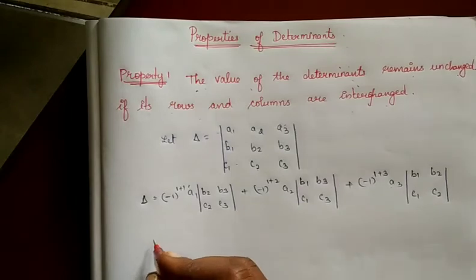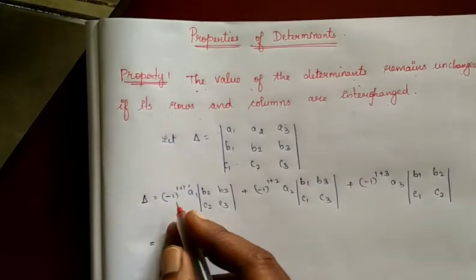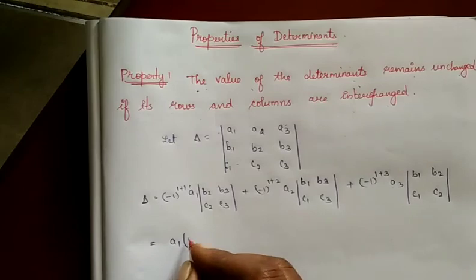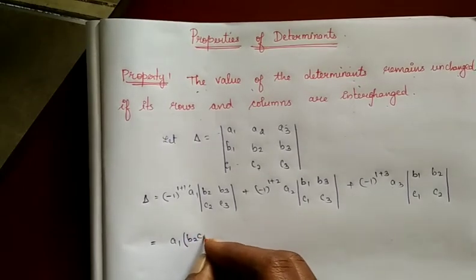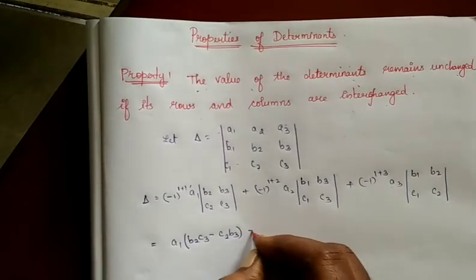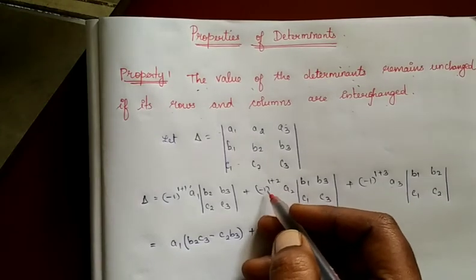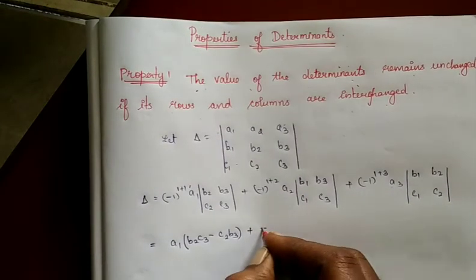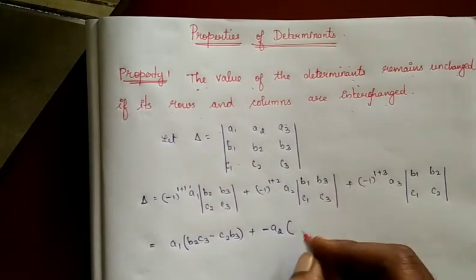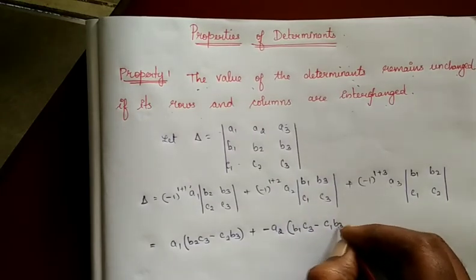Now this is equal to: minus 1 to the power 1 plus 1 is 2, so minus 1 squared becomes plus, so a1 of b2 c3 minus c2 b3. Next, minus 1 to the power 3 means minus, so minus a2 of b1 c3 minus c1 b3.